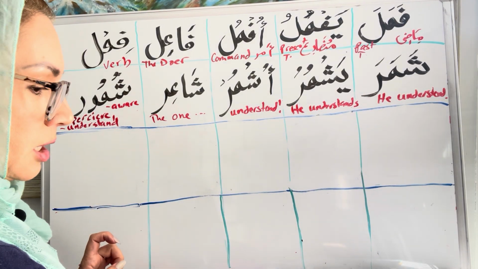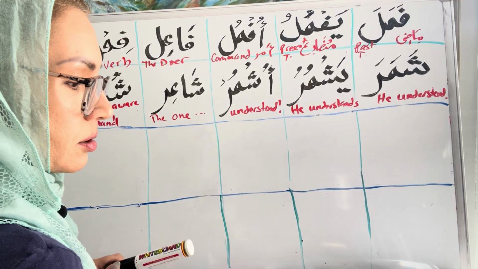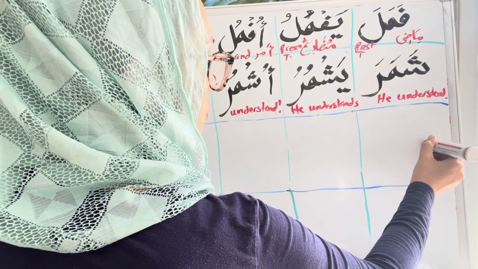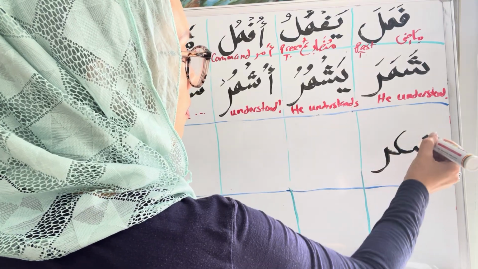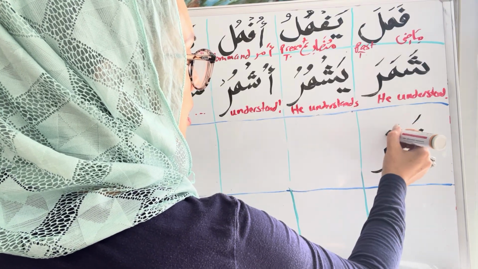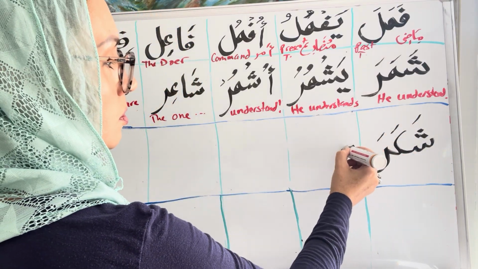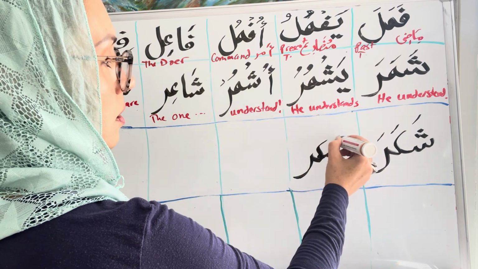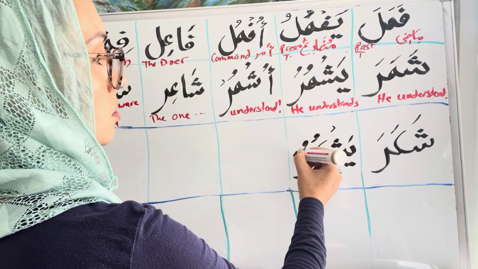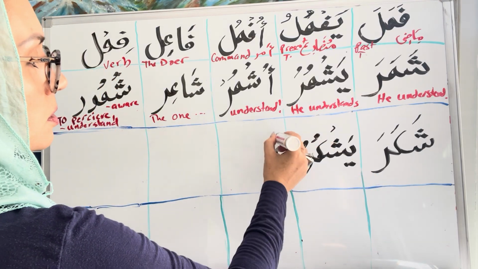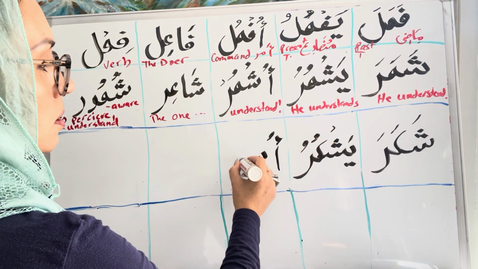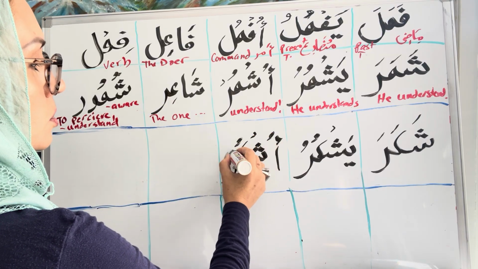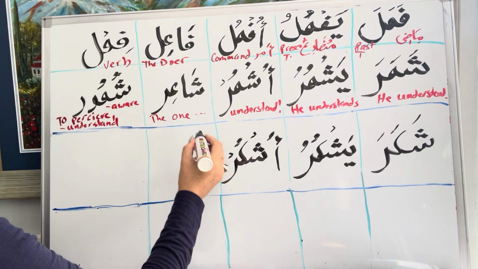All right. Next one we have is shakara. Shakara, yashkuru, ushkur, and then it becomes shakir.